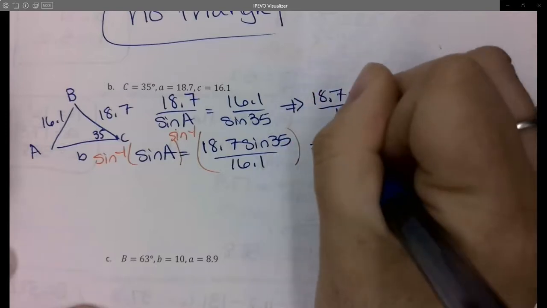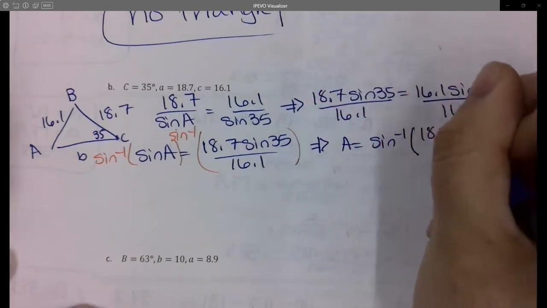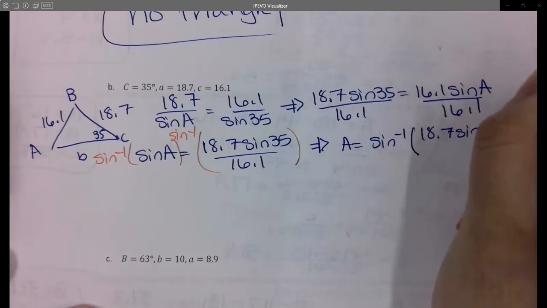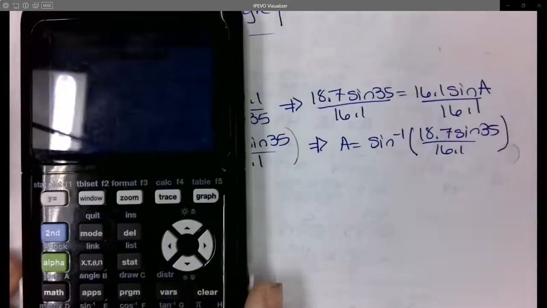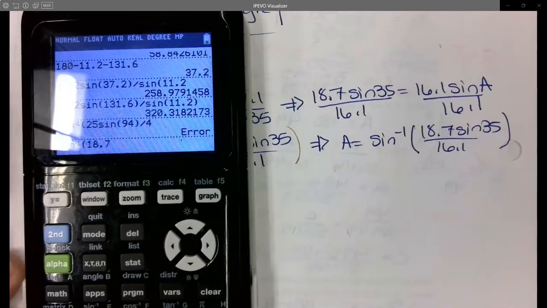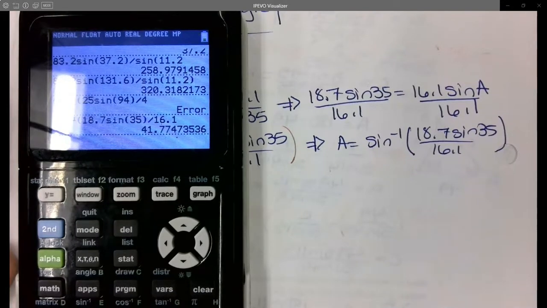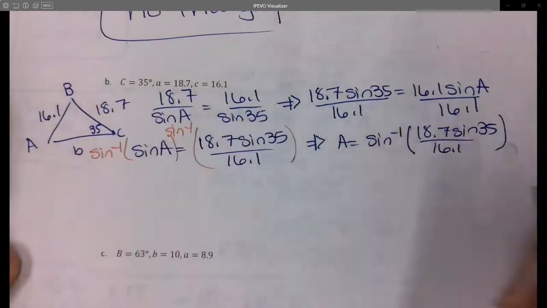This is going to give me A equals inverse sine of 18.7 sine 35 divided by 16.1. So I want to type that into the calculator, which gets me, since this one wants me to round angle measures to the nearest degree, 42.